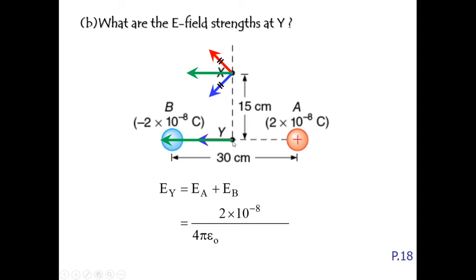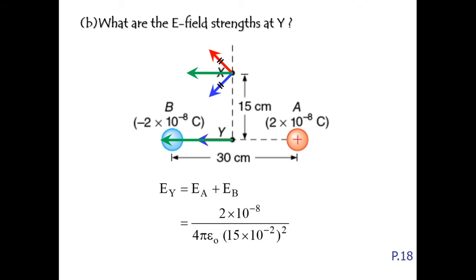What is the distance from A to Y? It is equal to 15 cm. So it is equal to 15 times 10 to the power minus 2, and then take the square. This is the electric field due to the positive charge at Y.